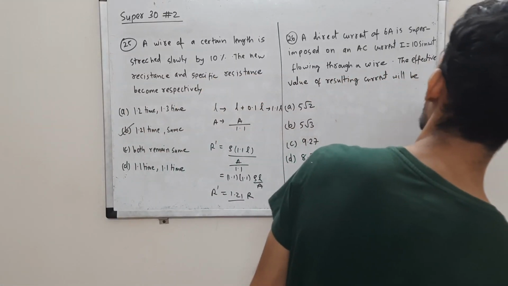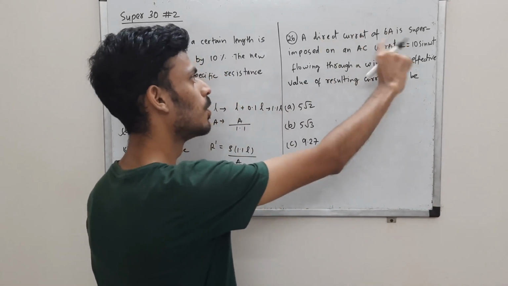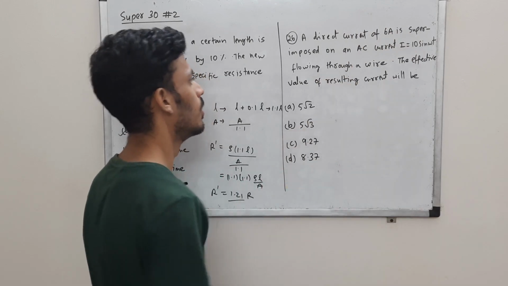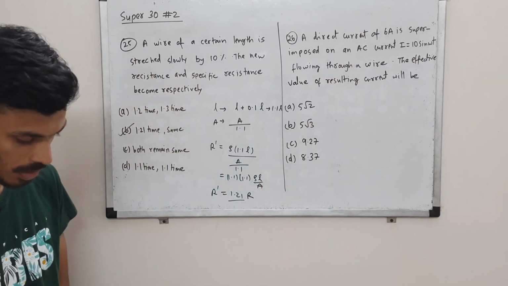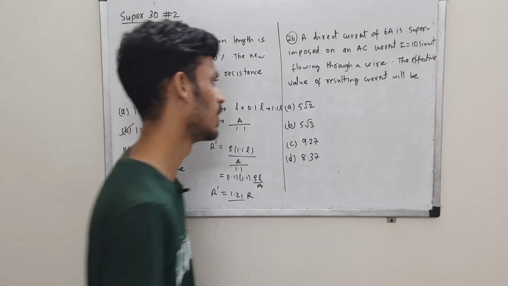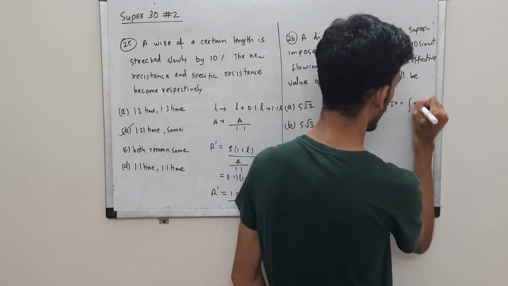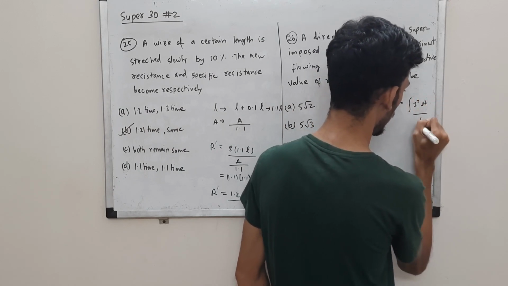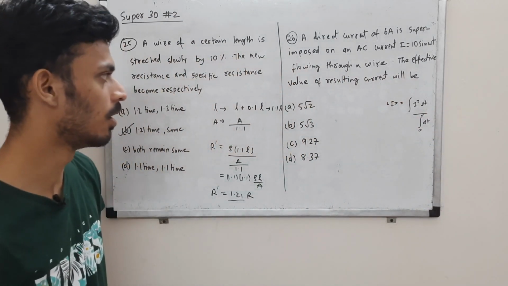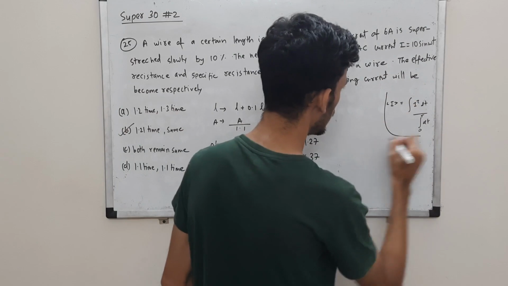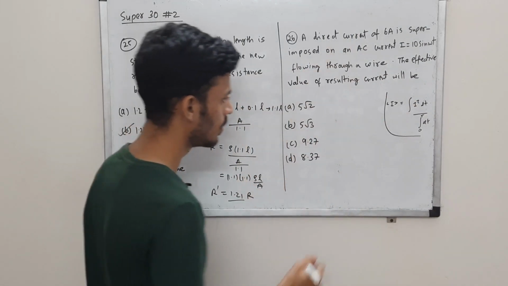Let's come to this one. Here we have 6 amperes being superimposed. This is a direct current which is superimposed on an AC current. You are supposed to tell what the effective value of the current will be. Actually, you can use the average value equation. I don't remember it exactly, but I think it is somewhat like the integral of I square dt upon dt from 0 to T. Or you can basically take the RMS values of these two.